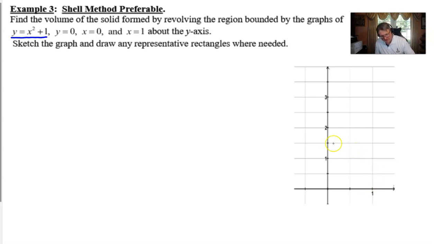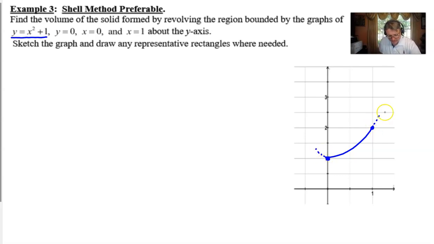Notice that we do have a scale adjustment here. Each block is a half of a unit. So by the time we plot the points (0, 1) and (1, 2), and we understand that this is going to be a parabola, parent graph y equals x squared just shifted up 1 unit, I believe that's as much of this as I would have to sketch.